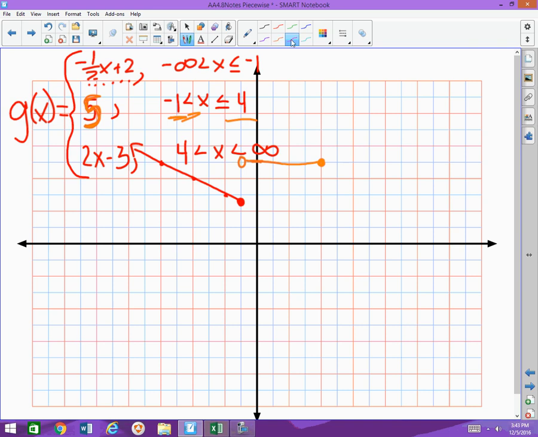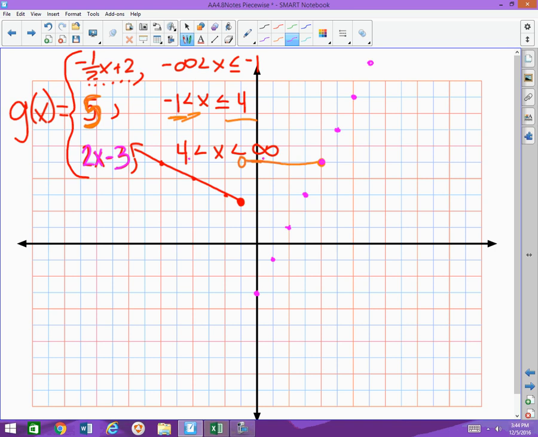And then finally, 2x minus 3, which negative 3 is right there, and the slope is up 2 over 1. And then we have to go from 4 to infinity.